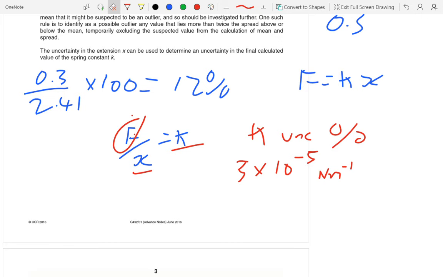So I think the main things is being able to calculate the mean and the uncertainty, so the spread of the data, and then just being able to calculate things like energy and other simple stuff from the equations it's given you.